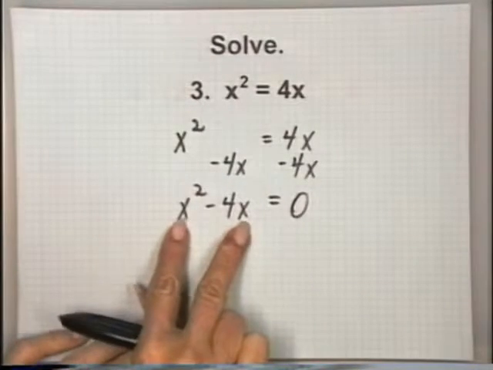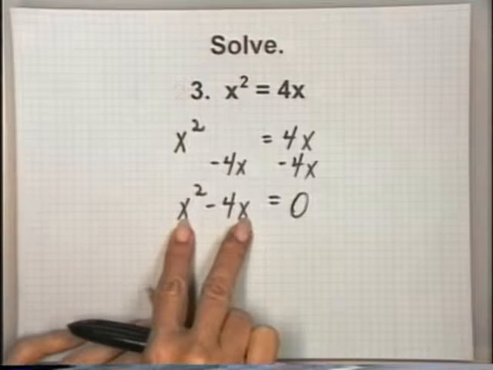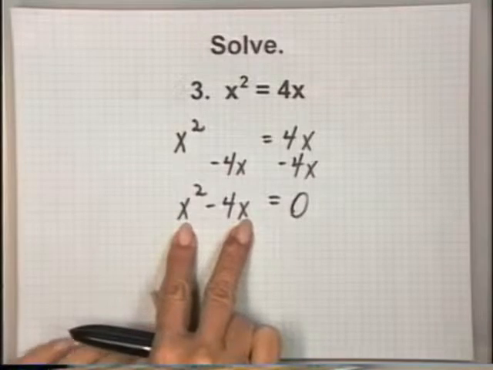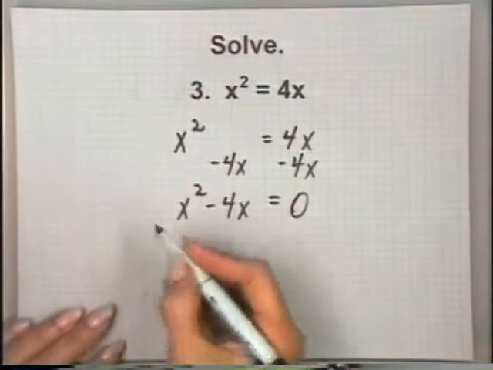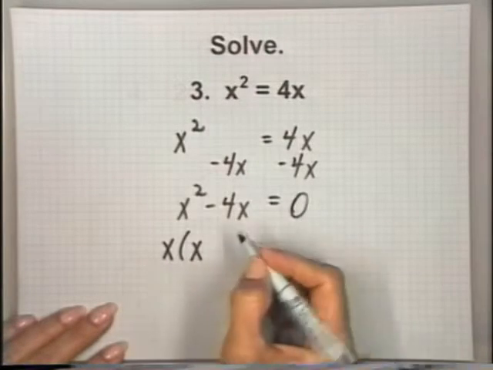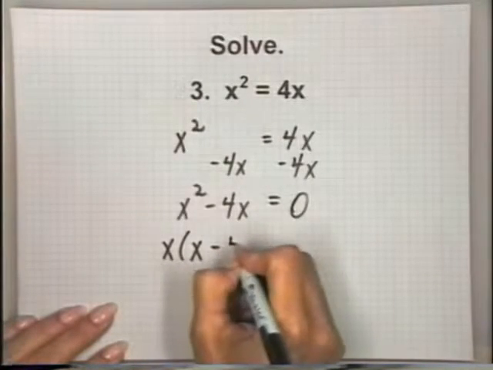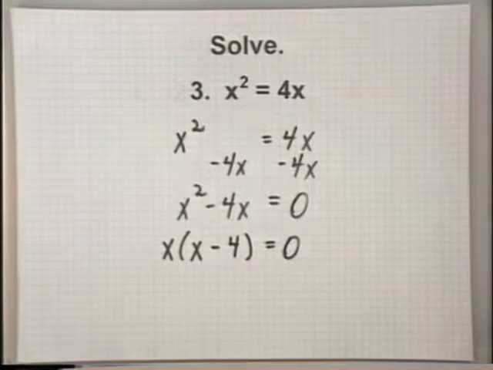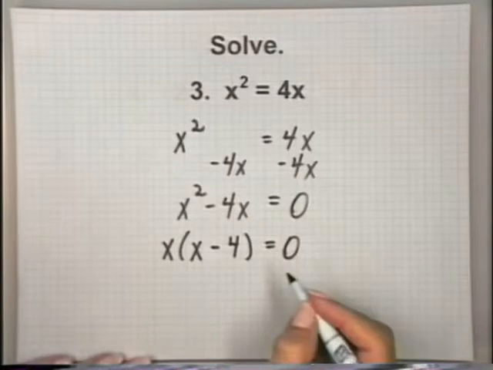We may factor because look at these two terms. What factor do they have in common? They have a common factor of x. So we factor the x out. In the first term we're left with x. In the second term we're left with minus 4 equals 0. Let's use the zero product theorem.